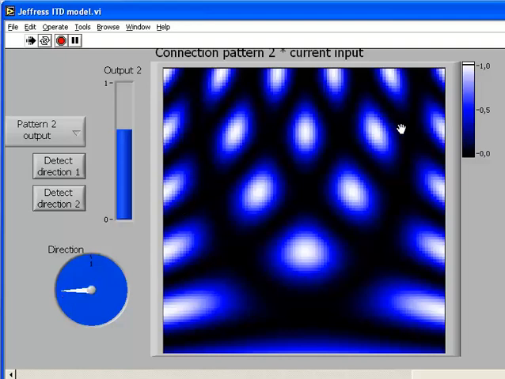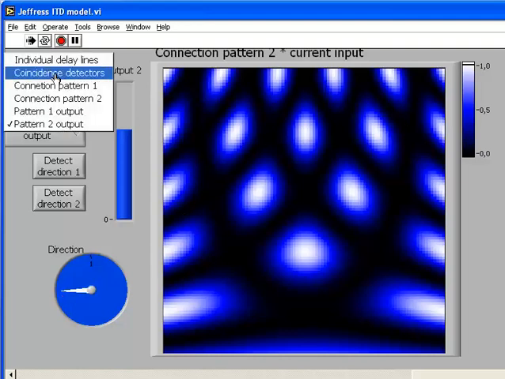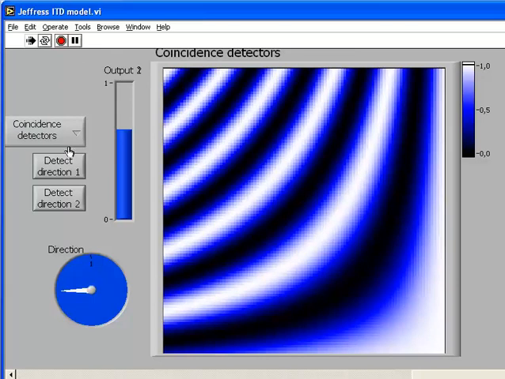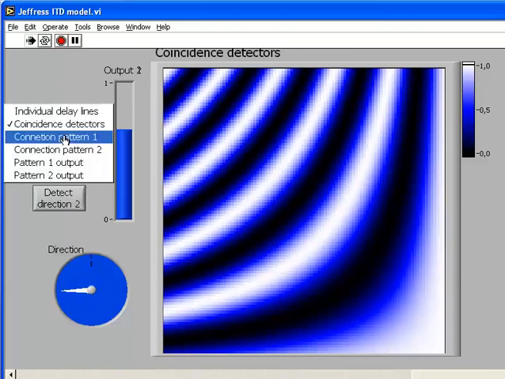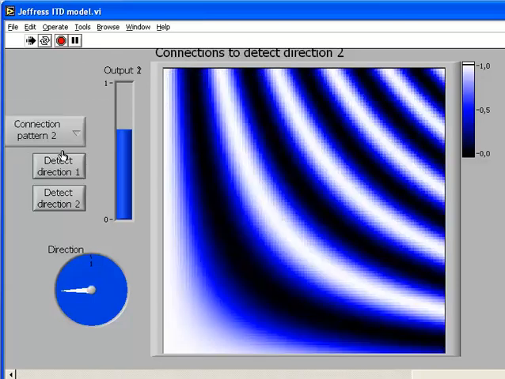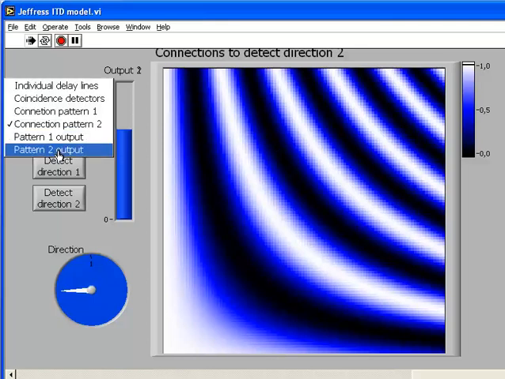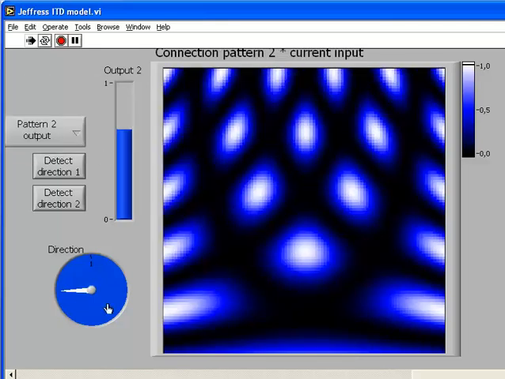We get the occasional bits of coincidence between the input pattern and the connection pattern. So wherever these cross over, of course, we still have outputs like that. But the sum of all these outputs is not so very much.